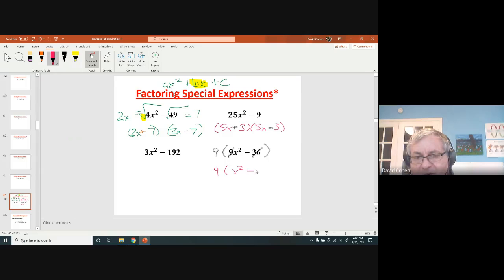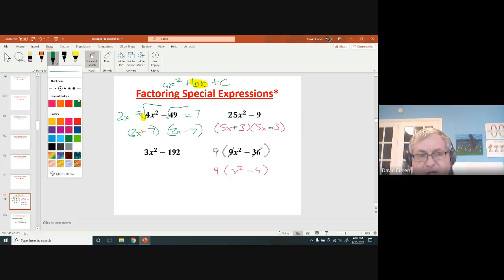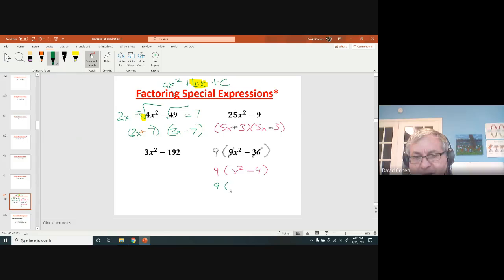And I've also got 36 divided by 9 is 4. 4 is also a perfect square. And so I'm left with 9 times x minus 2, x plus 2.